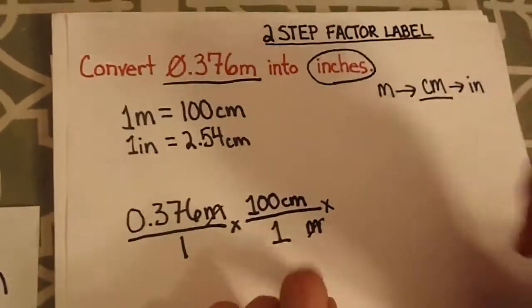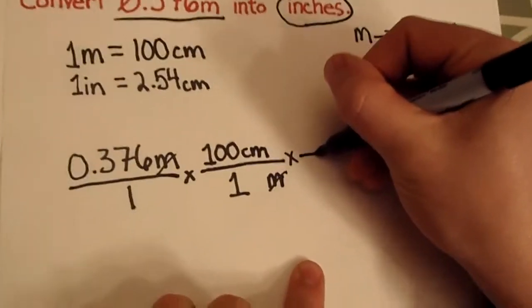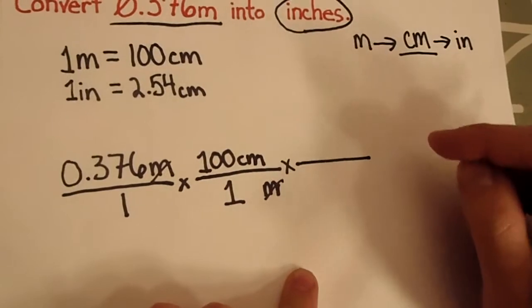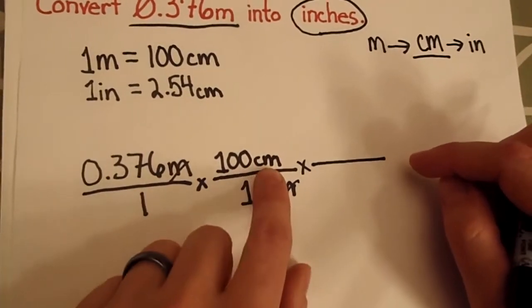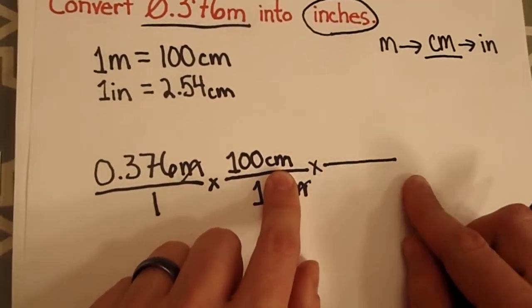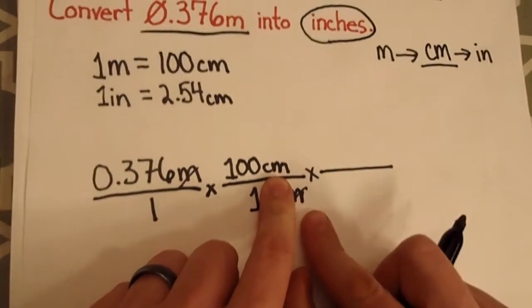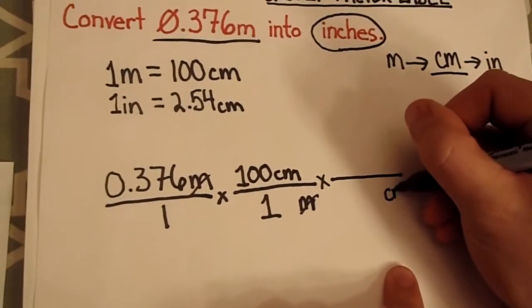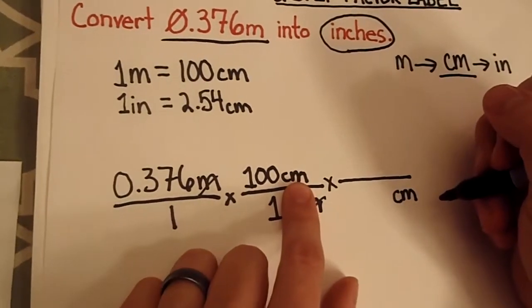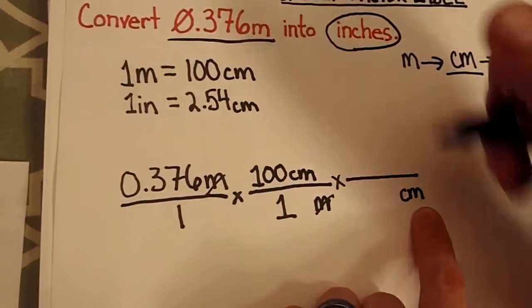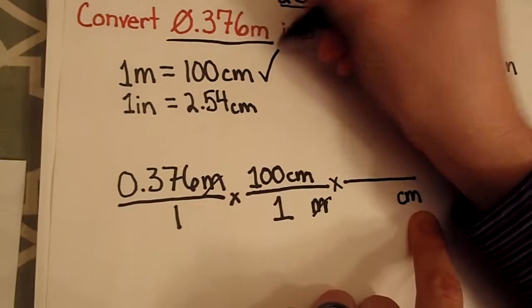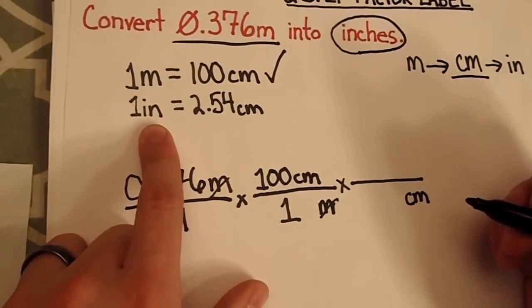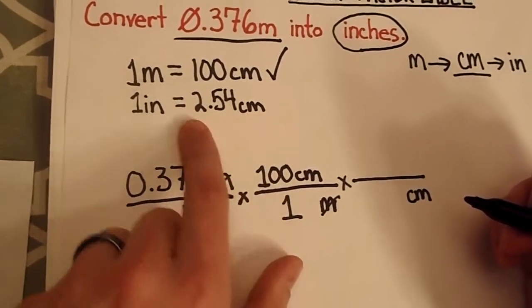So in that case, we're going to have to set up another fraction line. Again, how do I know which my units will be? Well, whatever the units are on the previous fraction, they need to be on the bottom of the next fraction. So we're going to put our centimeters down here. We've already used the first factor, so now we're going to use the second one that we haven't used.